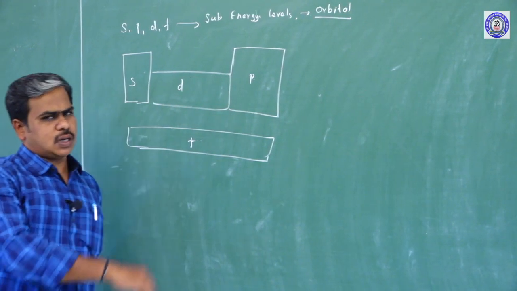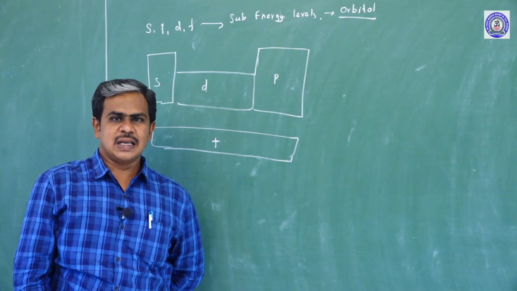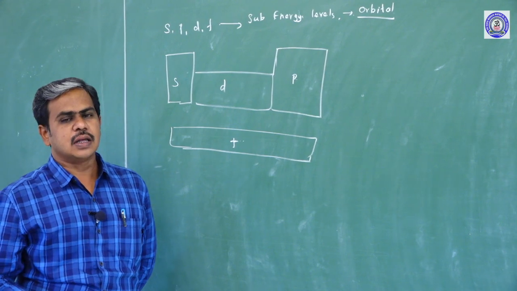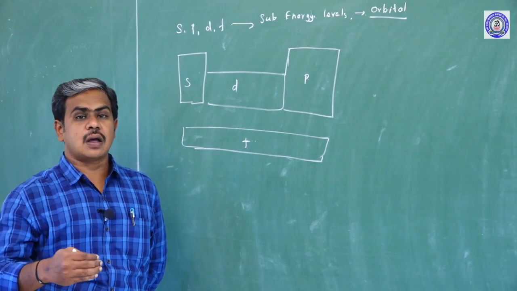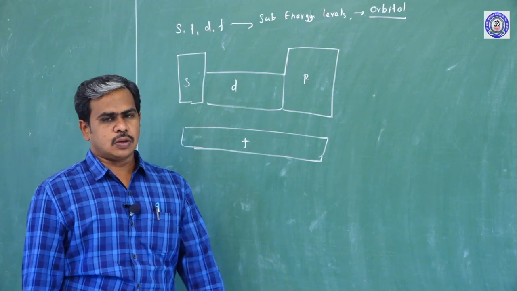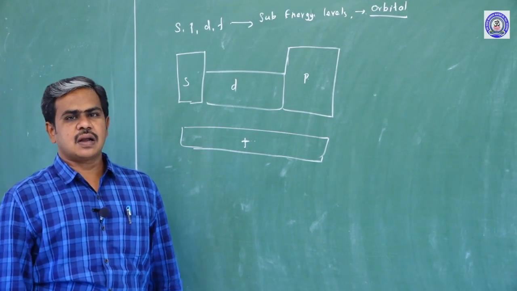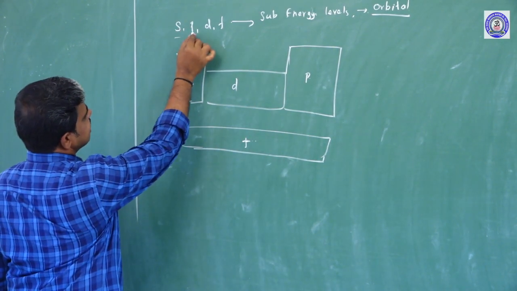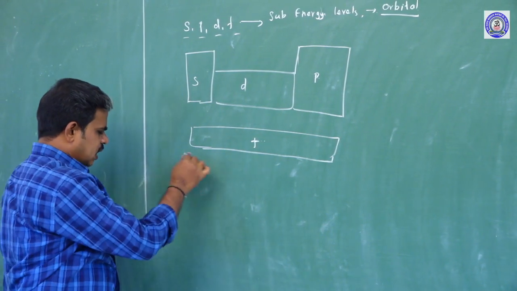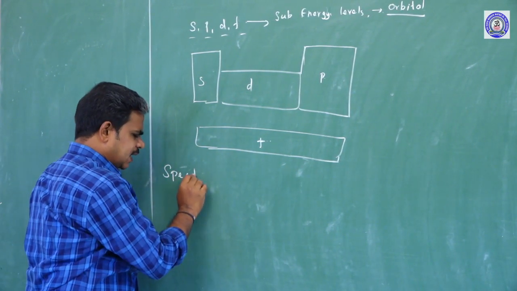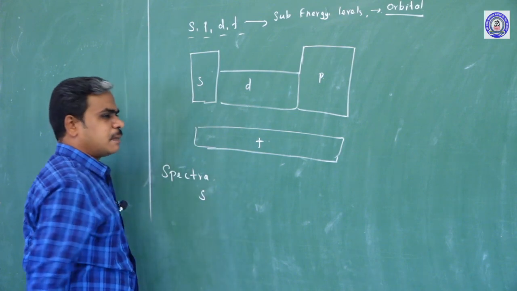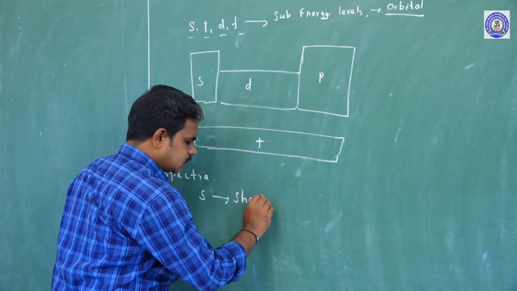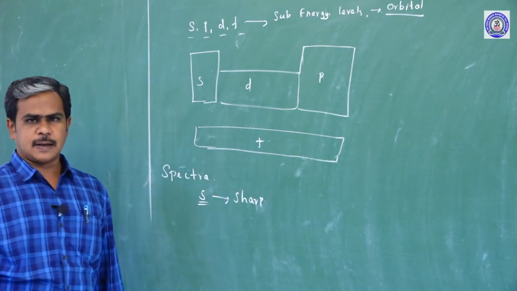So what do you mean by orbital? You know that an orbital is a 3-dimensional region of space around the nucleus where the probability of finding an electron is maximum. Why is it denoted as S, P, D and F? In spectroscopy, lines are obtained. If the lines are sharp, then it is S orbital.